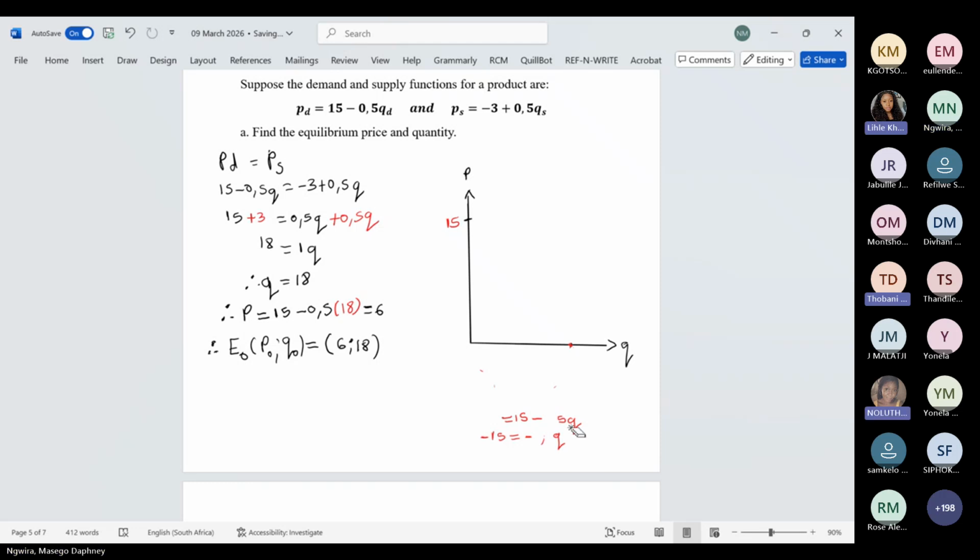X is the shortage. Is it not the point of origin? No. There's a name for it. It's called free good. It has a name. I forgot what I call it.